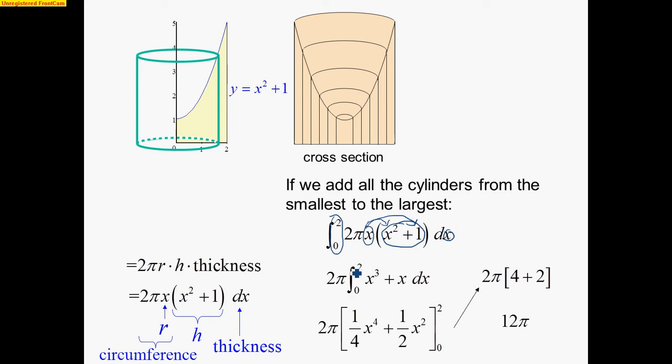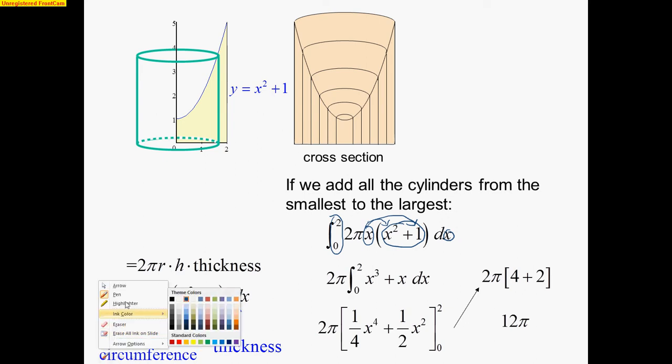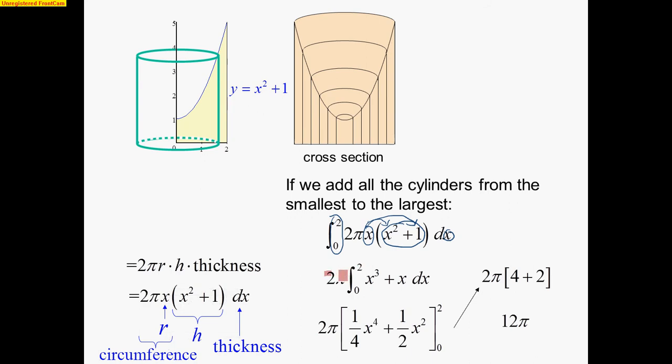Notice this integrand compared to when we did this with the combination of washers and discs, right? Remember when I had to recognize that this was a cylinder, and then I was doing the washer method all the way up here?